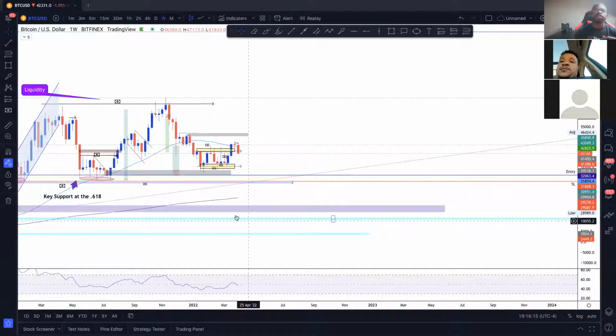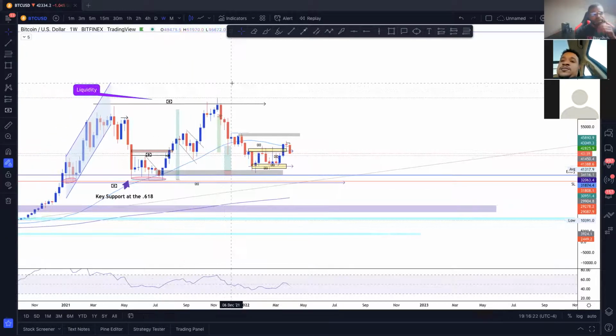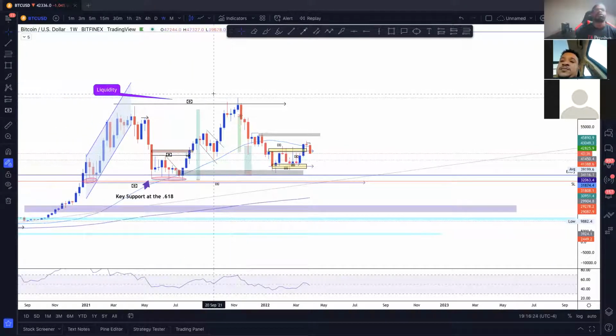Actually, start with the monthly and just scroll down from there, because certain things you won't see as far as macro levels. You won't be able to see those as well on a 4 hour. On a 4 hour, it may look like, okay, this is a valid support level, or this is a valid resistance level.